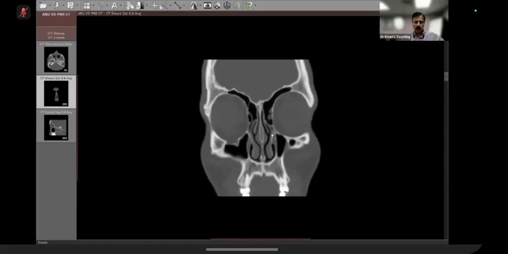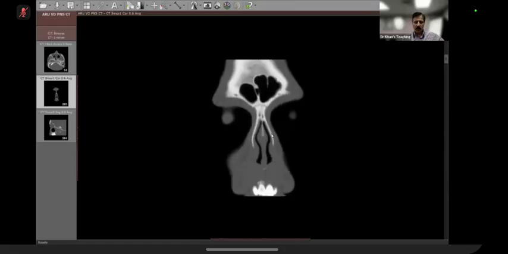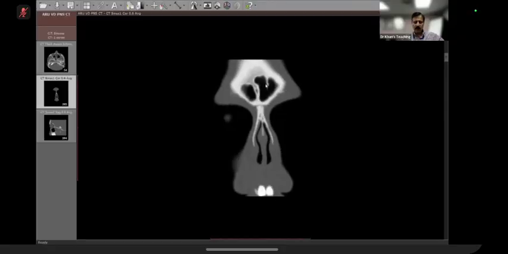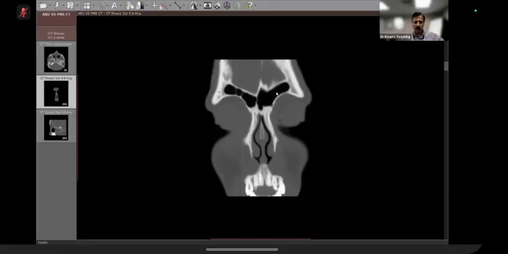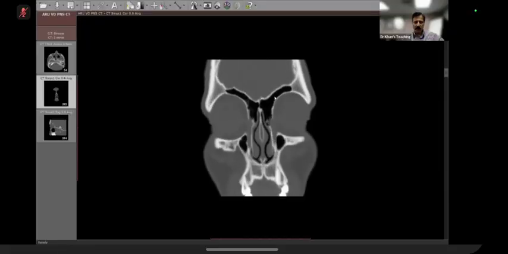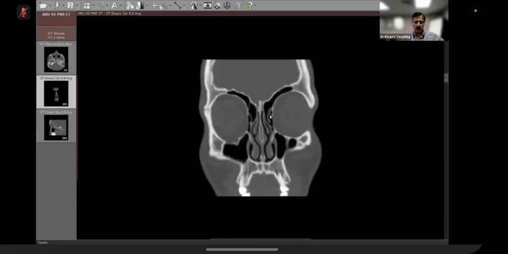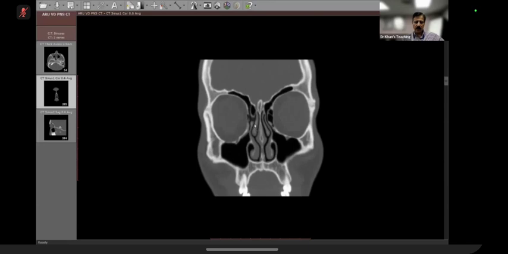So as I'm coming anteriorly once again, this time our aim is to see the frontal sinus. So this is the frontal sinus, and you can see that there is a groove here. In some cases you might be able to see it very well, and actually you can see it here, where I am pointing out.